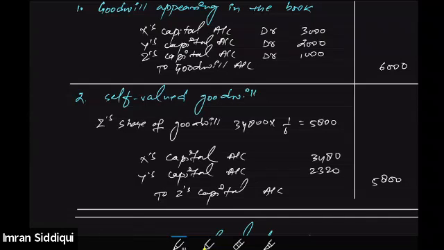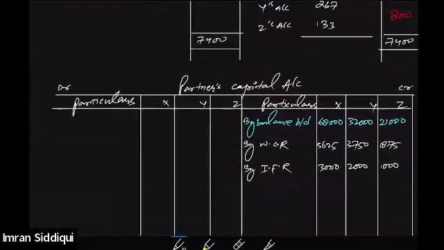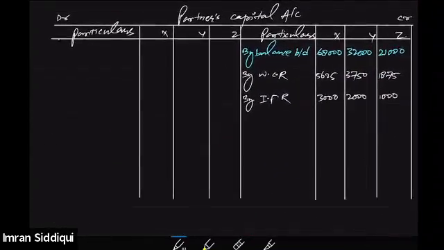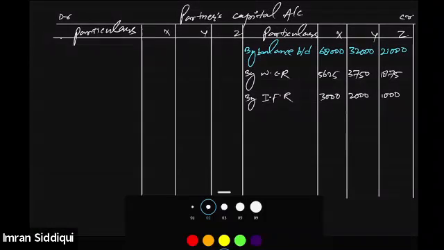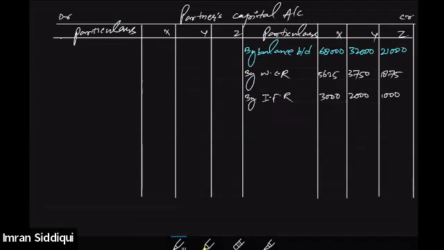So we'll go to the partners' capital account on the debit side, and we'll write down to goodwill, whatever amount their accounts have been debited, we will be recording that amount here: 3,000, 2,000, and 1,000.